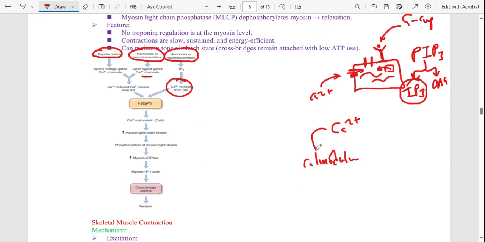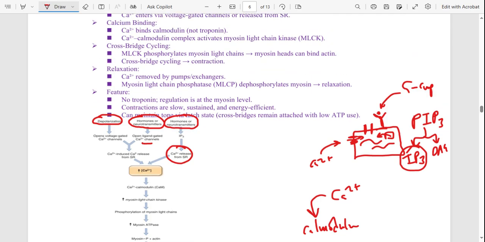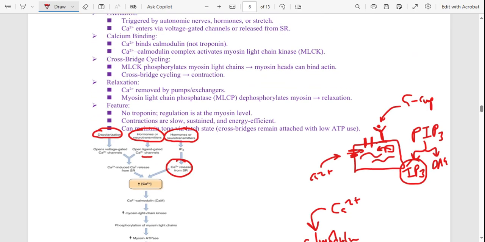So this calcium is going to bind to calmodulin, forming the calcium-calmodulin complex, and that is going to activate what we call the myosin light chain kinase. So let's say this is a calcium, this is a calmodulin. These are going to activate the myosin light chain kinase.